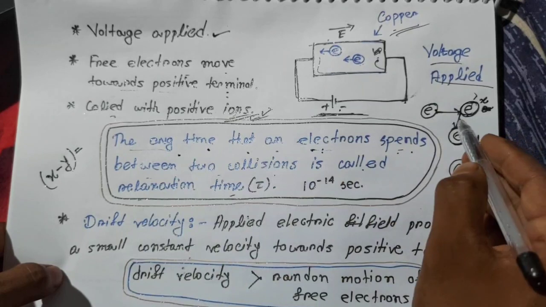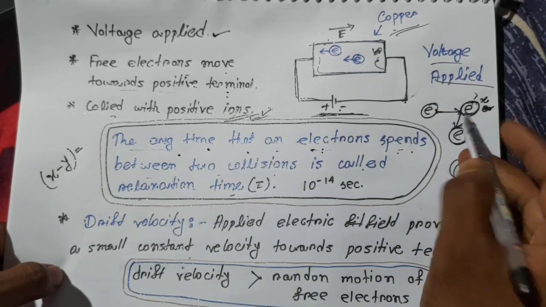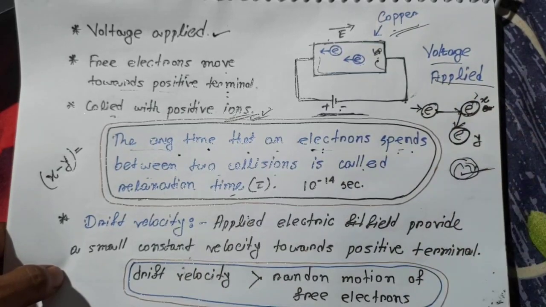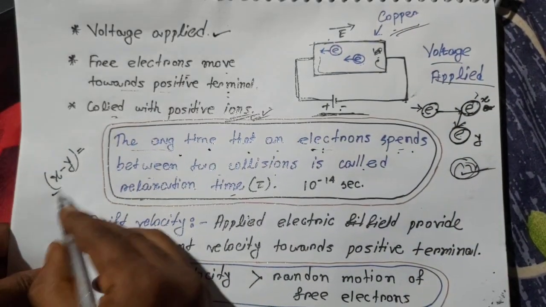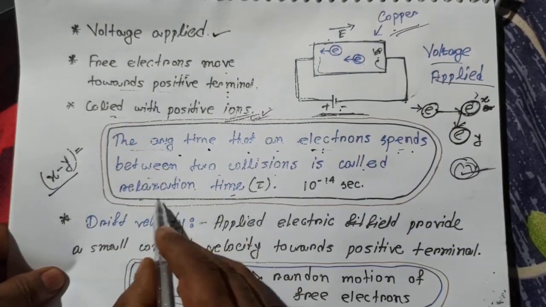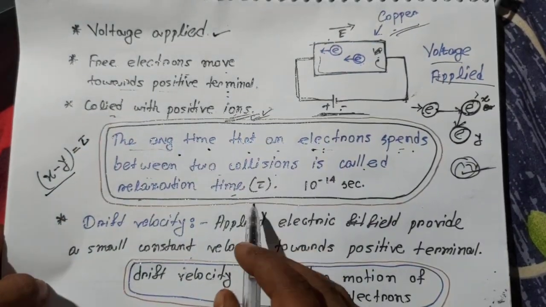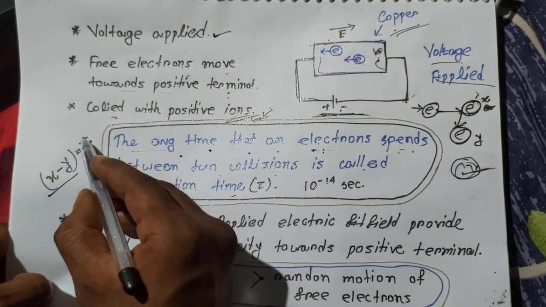Here it is not an average time, it is a particular time for only this electron, but if we calculate the average, this time is called relaxation time or tau.